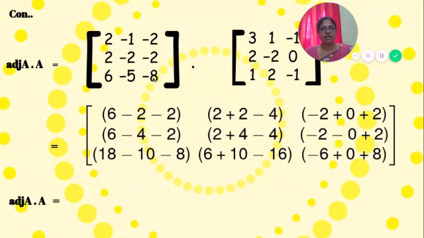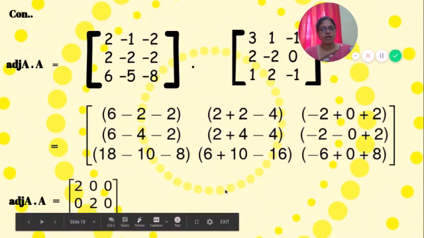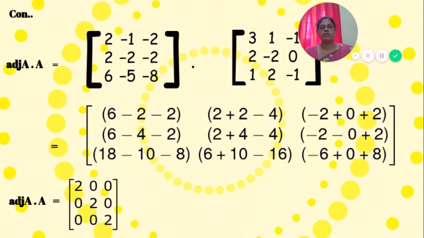We have to multiply both matrices. For A11, we multiply the first row with the first column, and it goes on. The value of adjoint A into A is 2, 0, 0, 0, 2, 0, 0, 0, 2. I am taking this as equation 4.